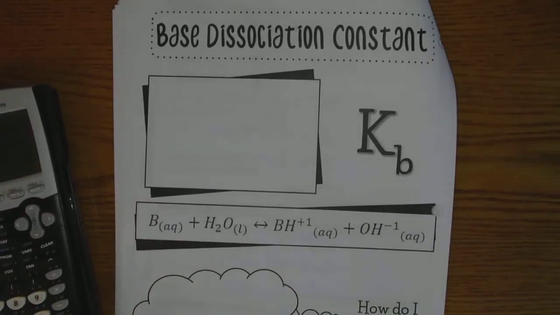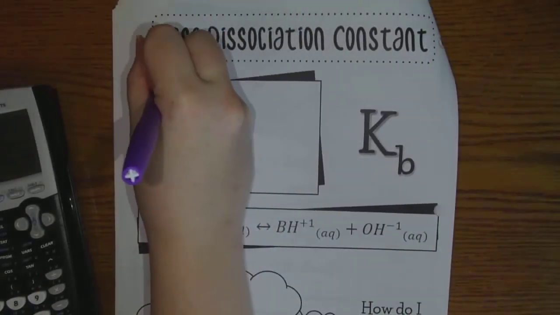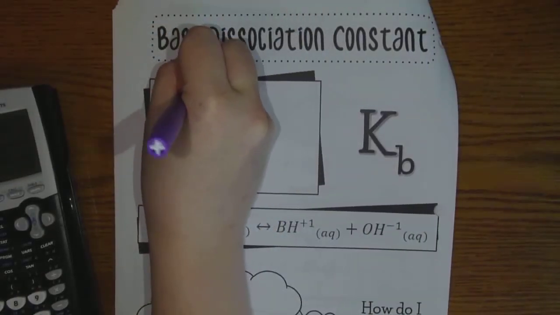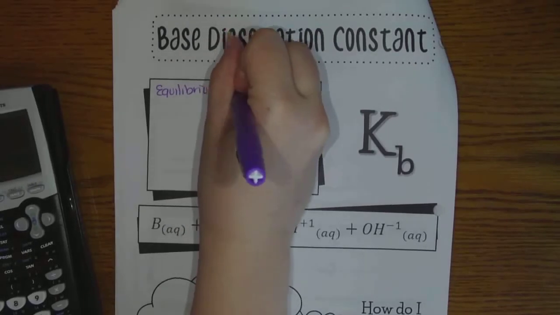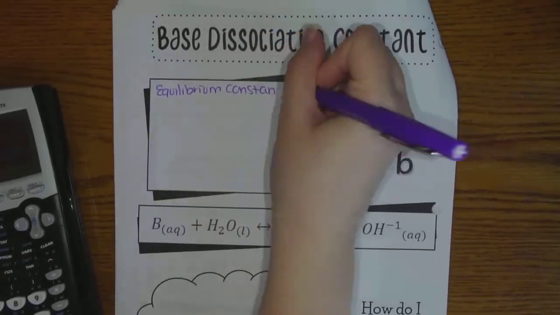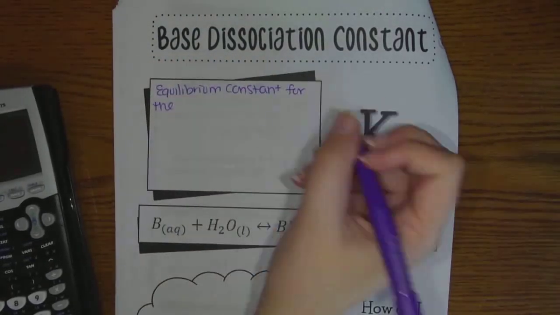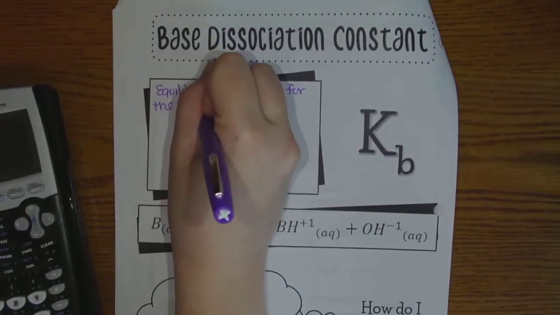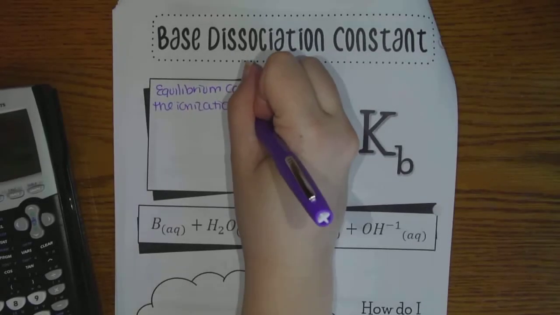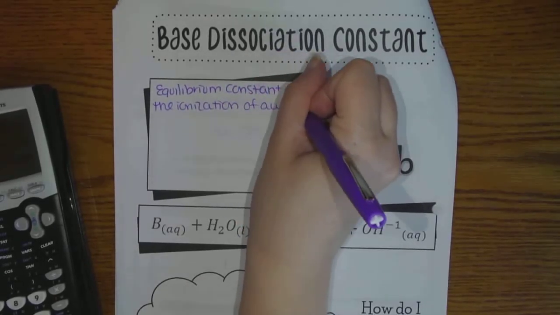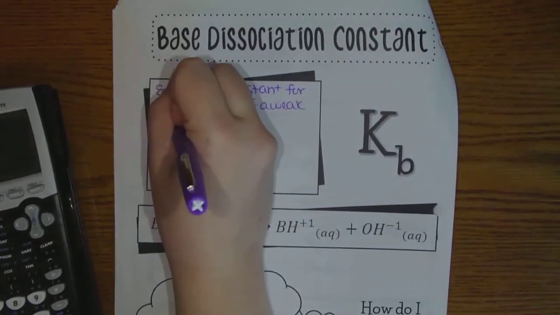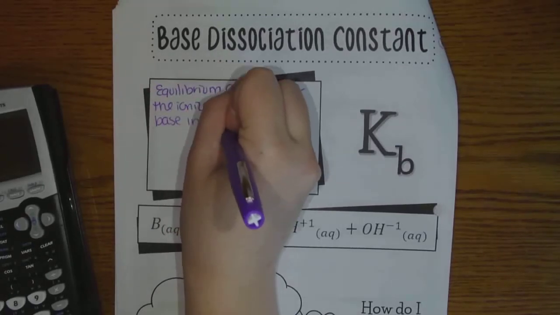Okay? So this is going to be the equilibrium constant for the ionization of a weak base in water.